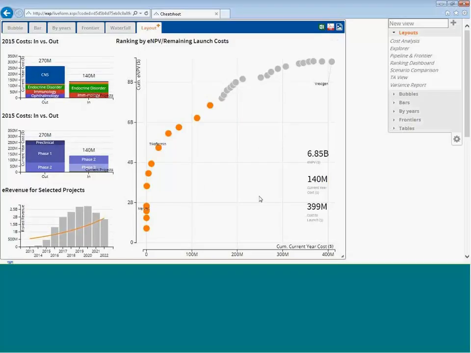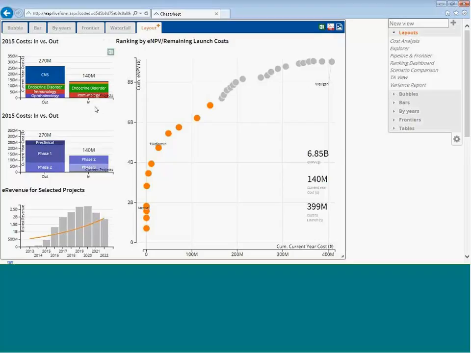So now we're at $140 million, but if you look at our costs for the current cycle, you can see we've taken out all of our phase 1 compounds, and we've pretty much gutted the CNS therapeutic area too. So by removing those projects that are just least productive across the whole portfolio, we have taken our portfolio wildly out of balance.